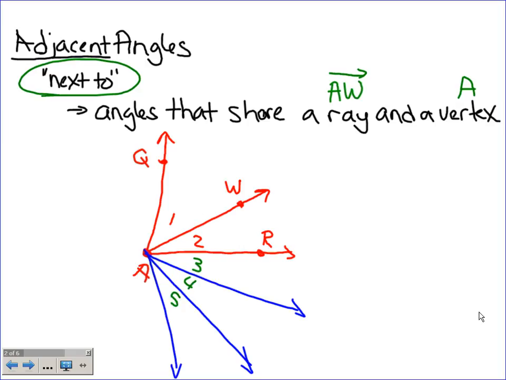Are 1 and 5 adjacent angles? No. Are 1 and 4 adjacent angles? No. Are 1 and 3 adjacent angles? No. None of those are. Are 3 and 4 adjacent angles? Yes. Are 2 and 3 adjacent angles? Yes, they are. Are 2 and 5? No. So they're ones that are right next to each other.